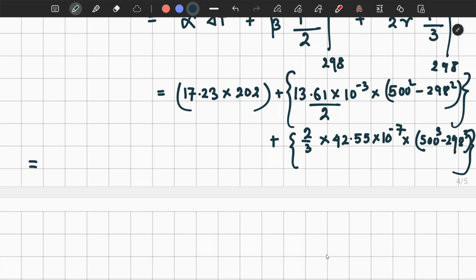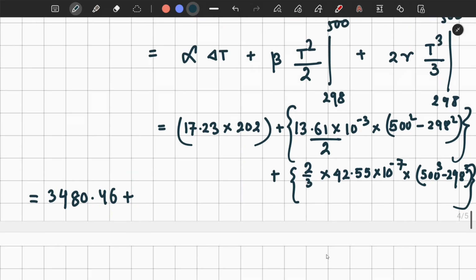The first term is 3480.46, right? Yes. Second part, 13.61 into 10 to the power minus 3 divided by 2 gives 1097.96. Yes.